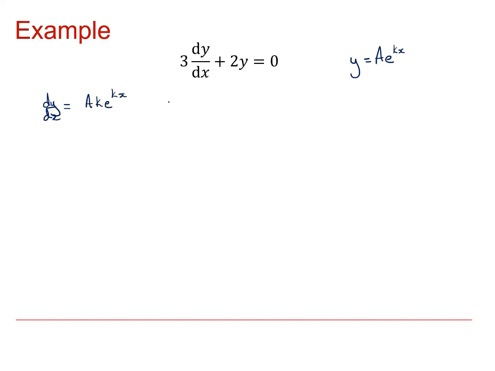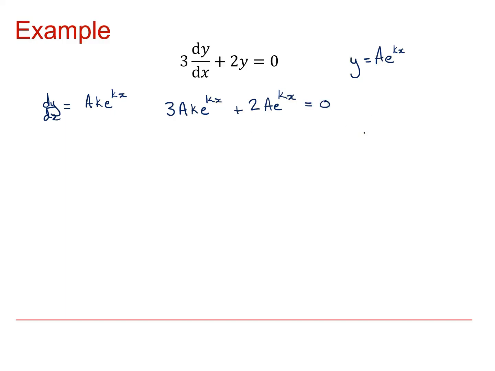And so putting that into that differential equation, I'm going to get 3 lots of a k e to the kx plus 2 lots of a e to the kx is equal to 0.